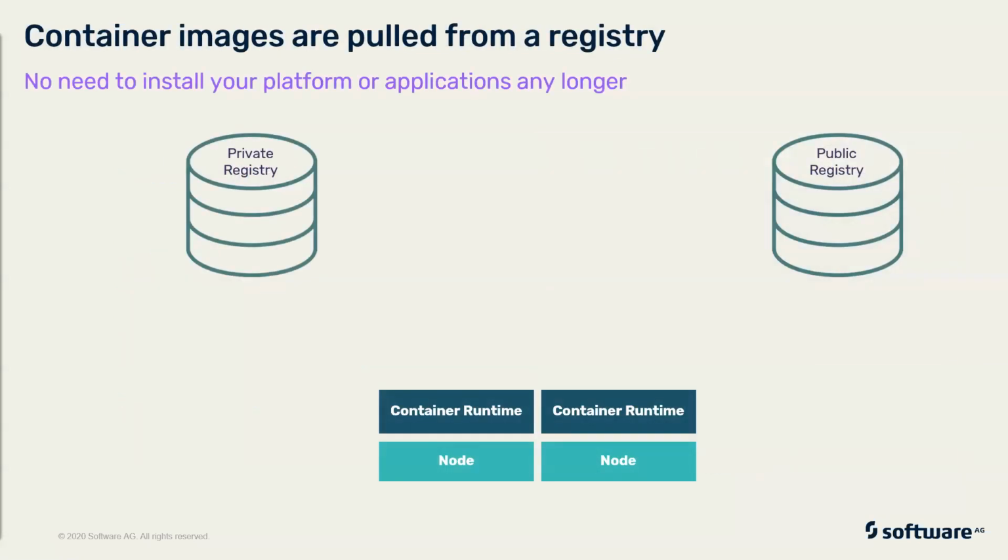And now let's talk about the concept. With containers, there is no installation of products in the typical sense of your platform or your application. You have nodes, your machines, you have a container runtime on top, and then you have registries. You can have a private registry and you can have public registries like the Docker Hub that we will also see today. And inside the registries, you have your images.